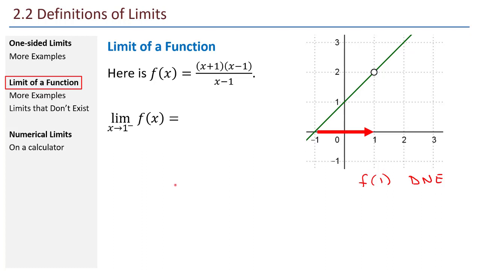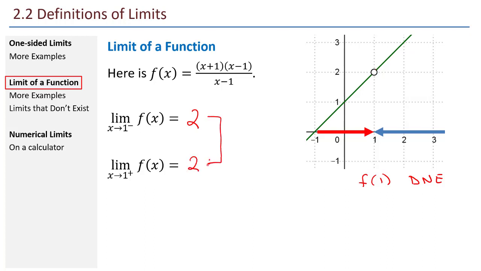So I approach 1 from the left. As x approaches 1 from the left, what's happening to the function values? The y values increase up to about 2. And what happens when I approach 1 from the right? The y values decrease down to about 2.